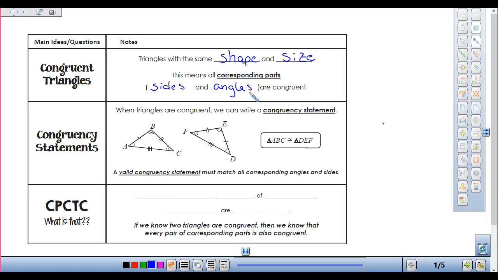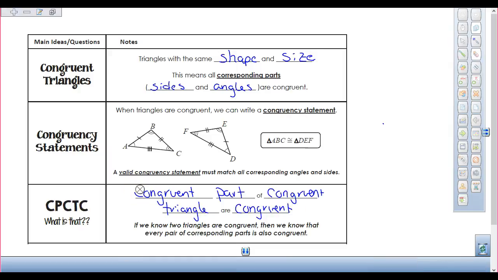CPCTC: congruent parts of congruent triangles are, sorry, I screwed this up.